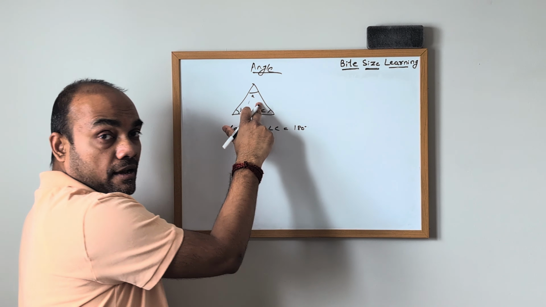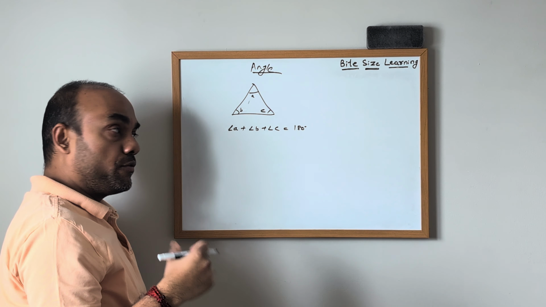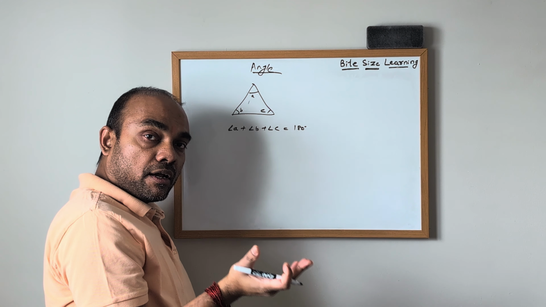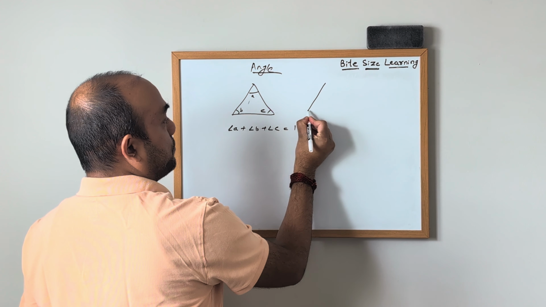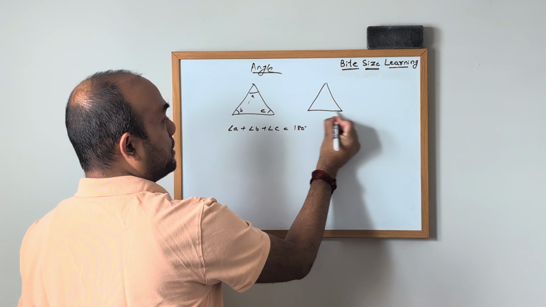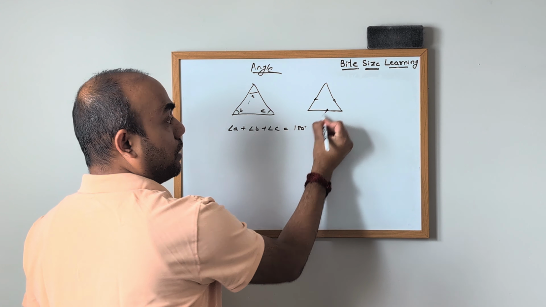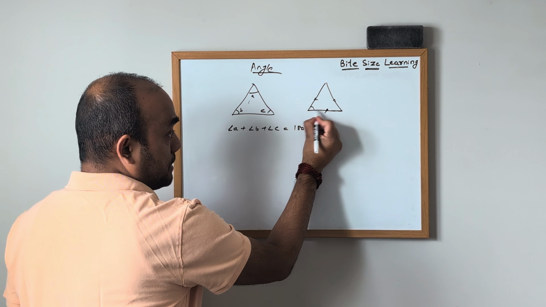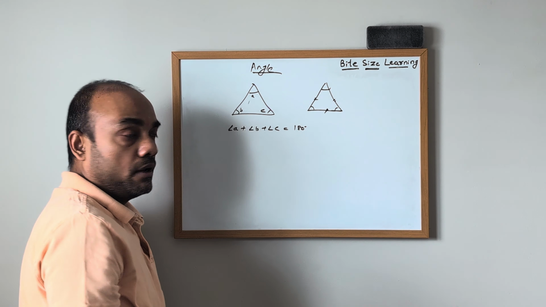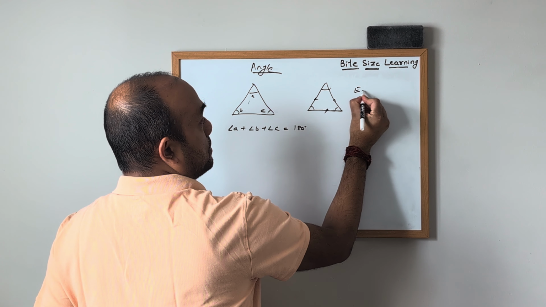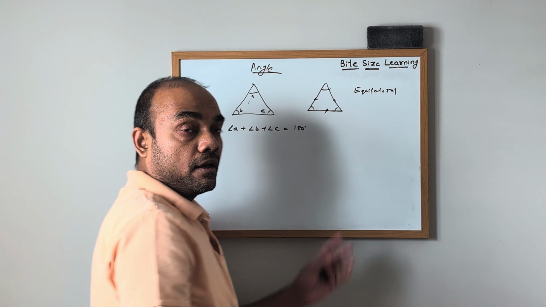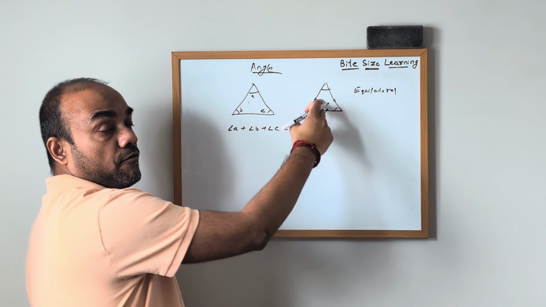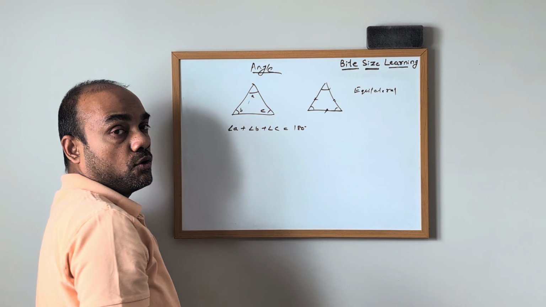Now, if this is an equilateral triangle, we've studied about equilateral triangles in one of our previous classes. An equilateral triangle is a triangle that has all its sides equal and all its angles equal.